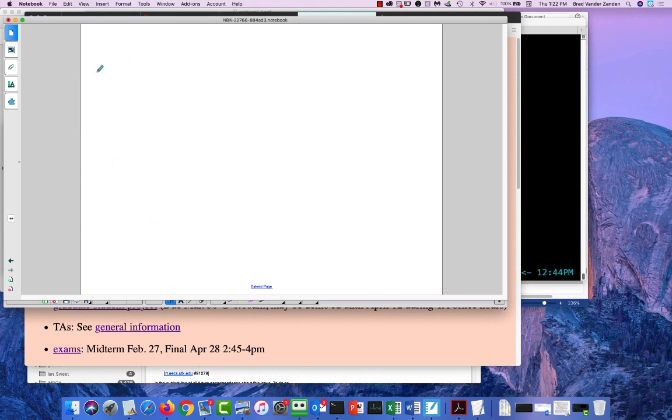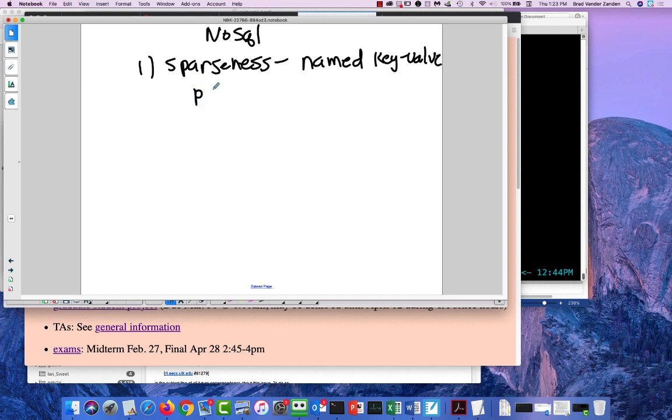So let's see how NoSQL addresses things. NoSQL addresses sparseness with named key value pairs. They address performance in two ways.